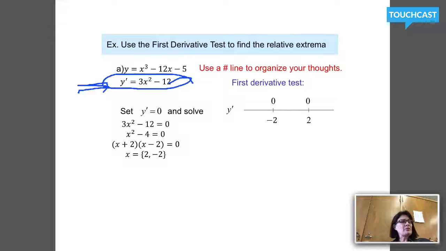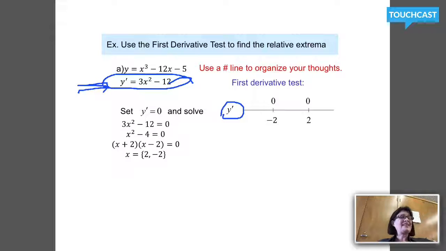So now I use, in sort of the same way that I solved quadratic inequalities, this number line to organize my work. There are two x values that make my polynomial equal to 0. And I'm going to test a number from each section. Notice I'm interested to know about the sign of y prime.